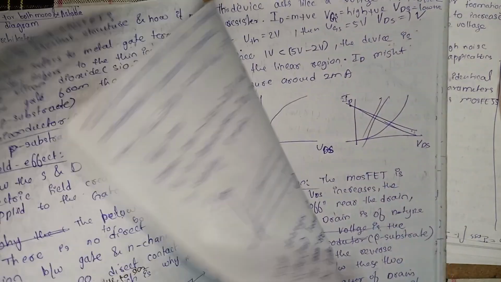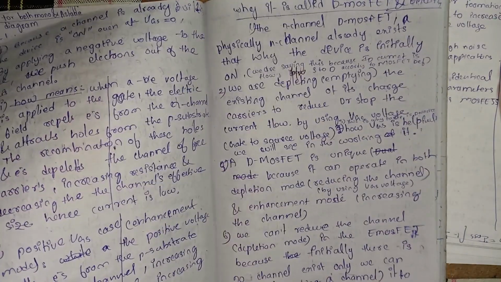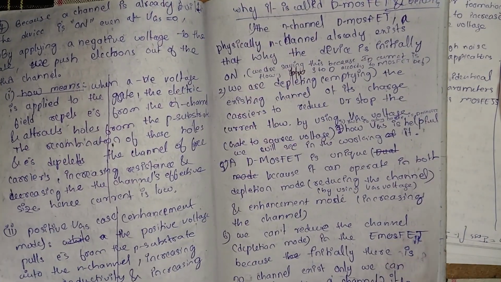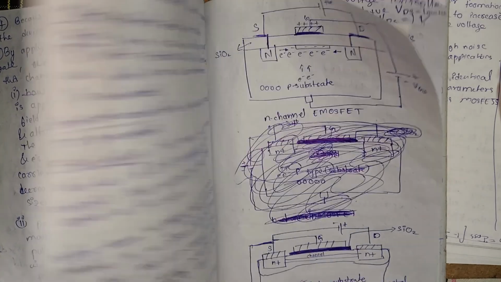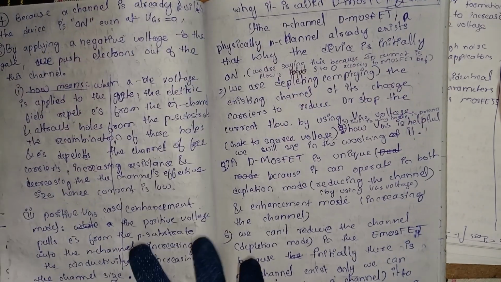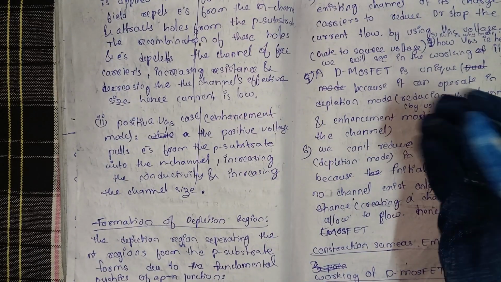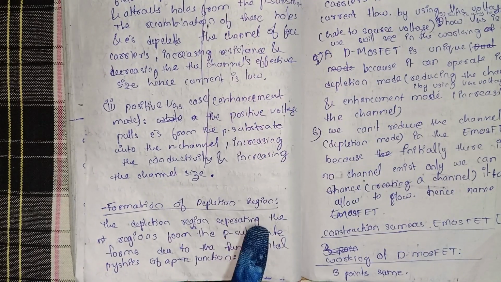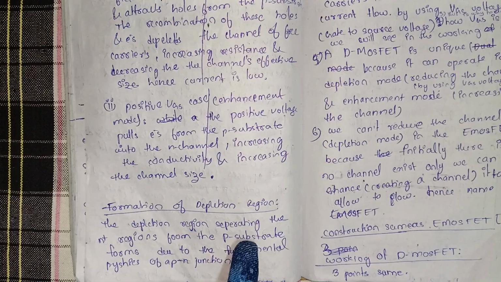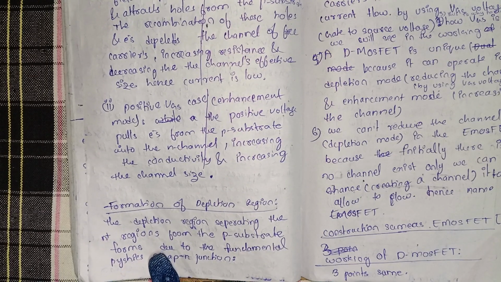Before understanding the D MOSFET, we have to understand the formation of depletion regions.